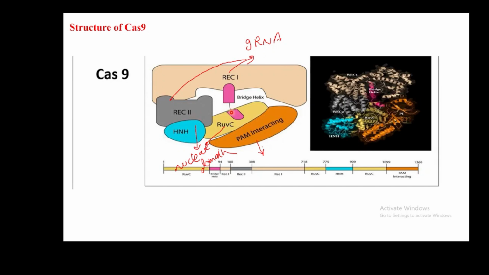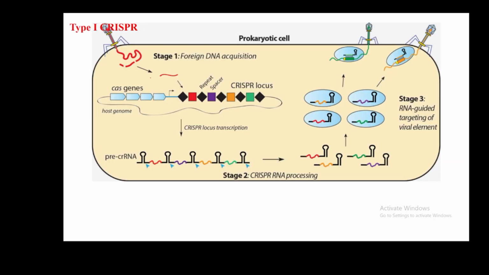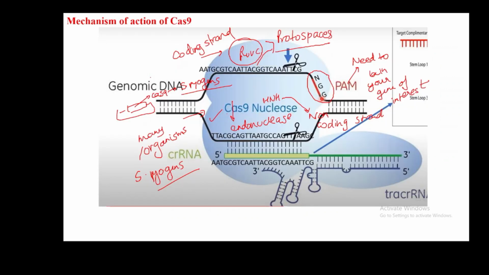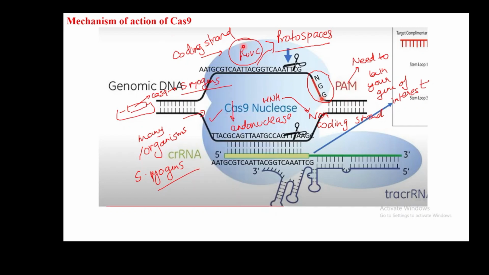So this Cas9 is a single enzyme and consists of many subunits. Here you can understand the RuvC domain of the Cas9 will cut the coding strand, and the HNH domain will cut the non-coding strand.